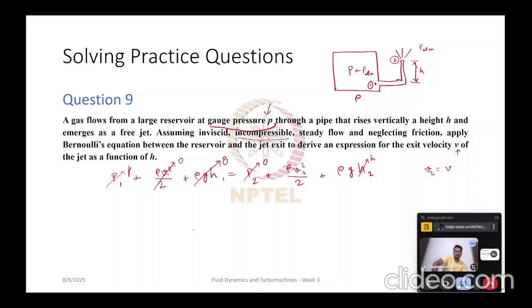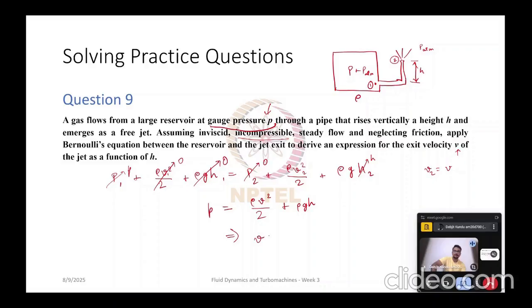So ultimately this boils down to small p, gauge pressure P, is equal to rho V squared by 2 plus rho g h.